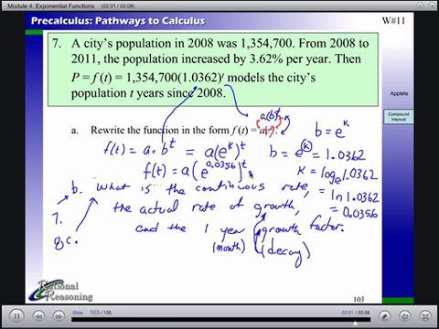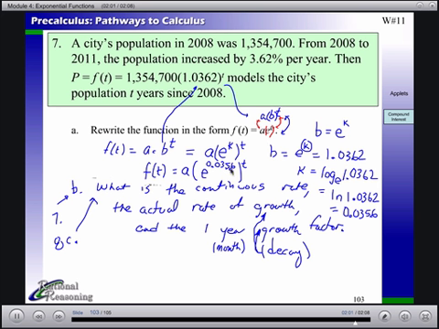Okay? So, what is the continuous rate? What is the continuous rate of this city's population? Do you know? What's that? He wants K. So he's saying the continuous rate is 0.0356 or 3.56%.